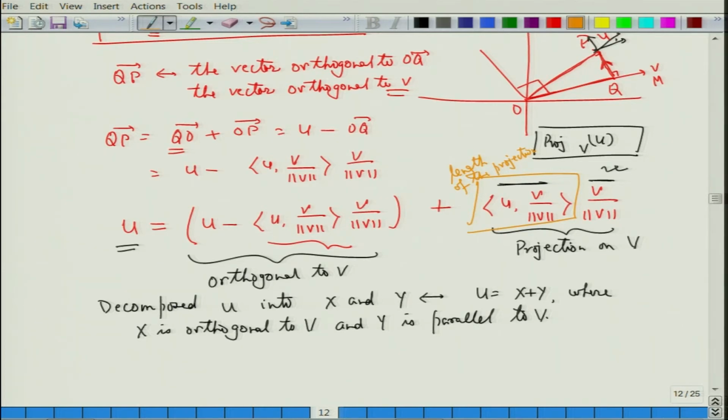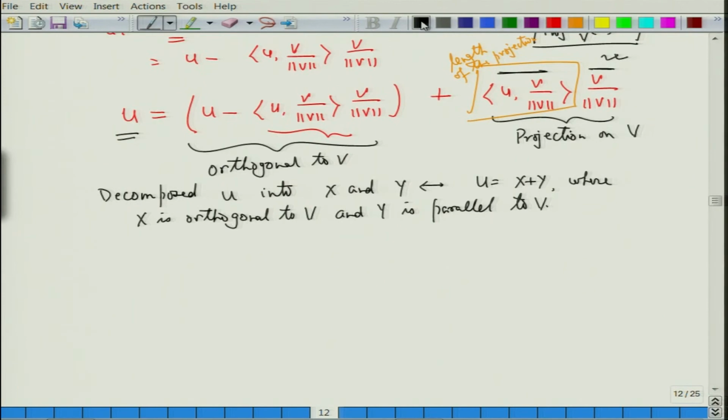Fine. So let us look at some example to try to understand it. Example. All right.